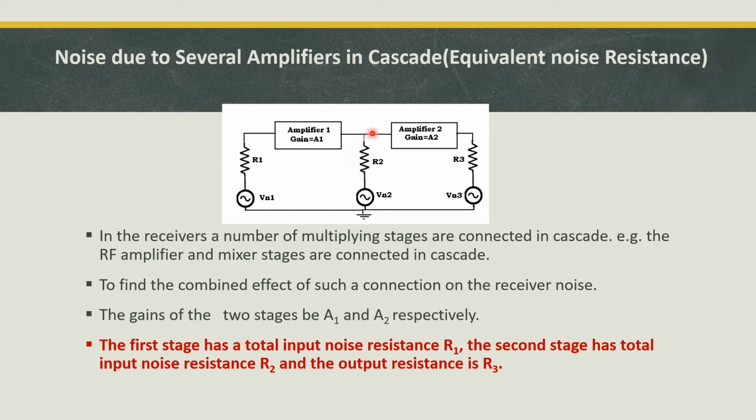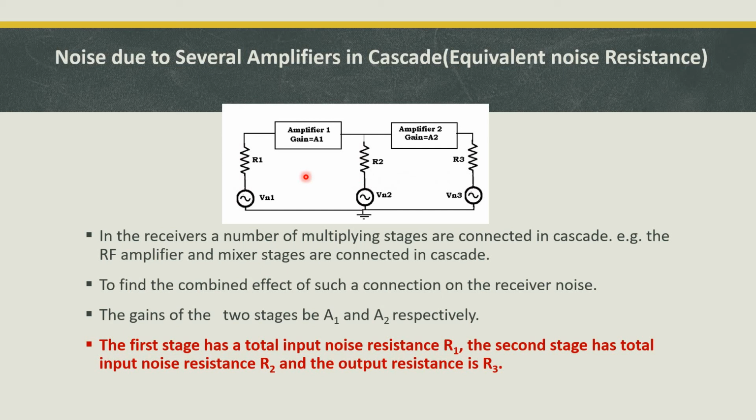Then this noise will be applied to amplifier 2. Again this amplified noise from amplifier 1 will be amplified a second time by the gain factor A2. Then the amplified noise you are able to get at the output of amplifier 2.